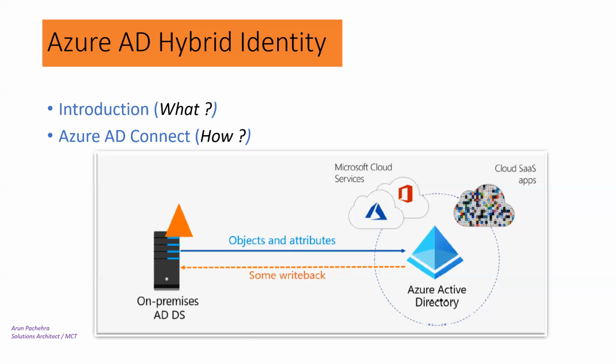So what this means is that users, groups, and contact objects in on-premises ADDS are automatically synced to Azure AD once this is configured properly. This allows us to centralize digital identity provisioning and management for security reasons, of course.